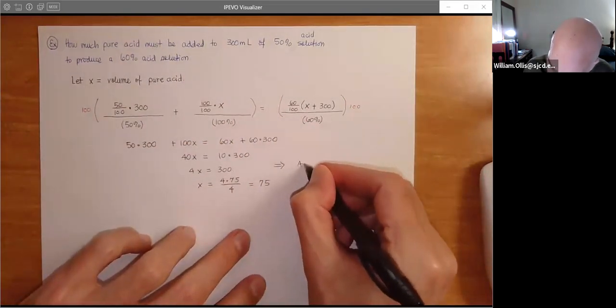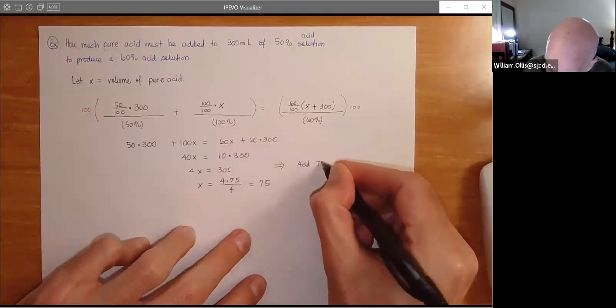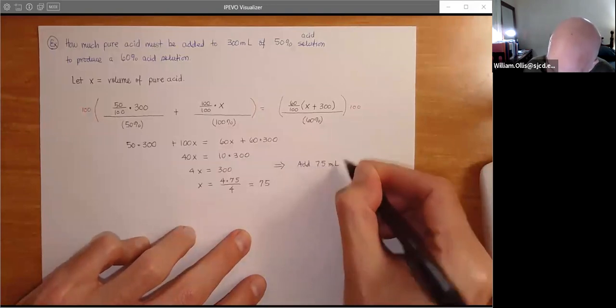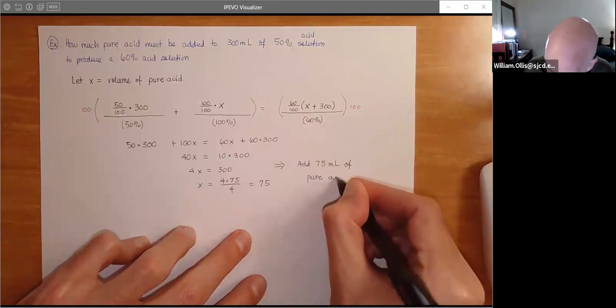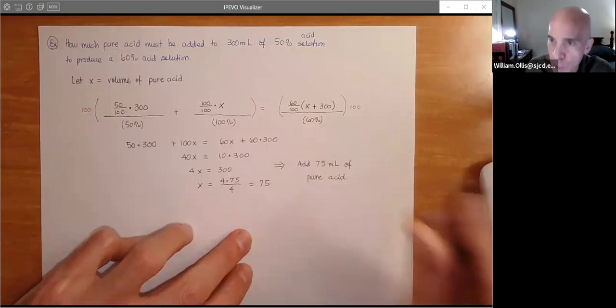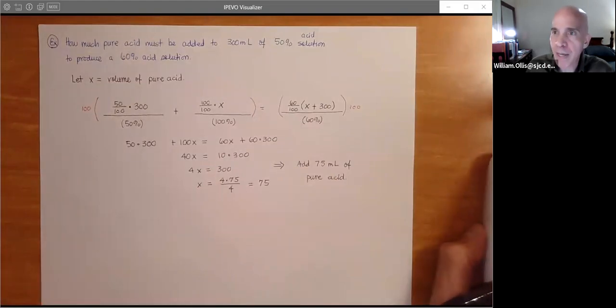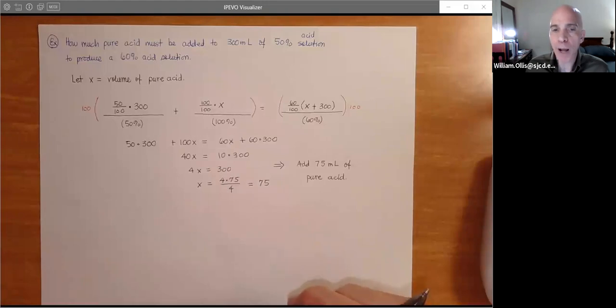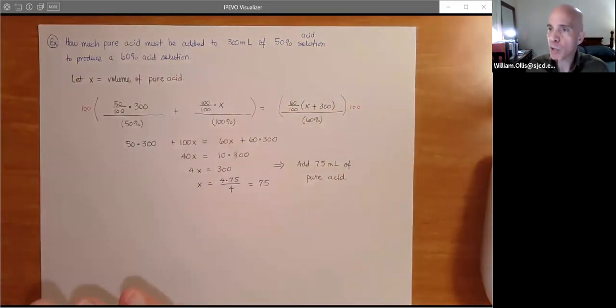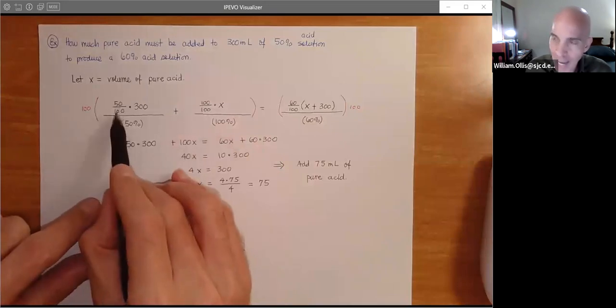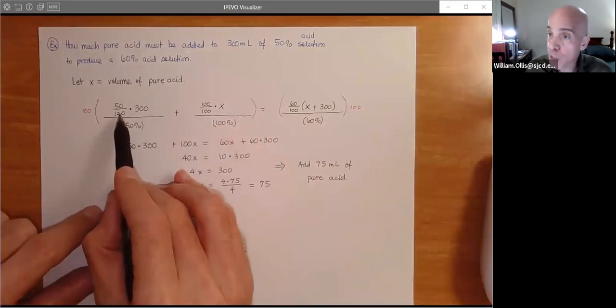So this just says add 75 milliliters of pure acid. Again, this is just a very simple way of thinking. When you look at this kind of problem and think about what we're doing here, it simply showcases the problem with one equation, attacking the concentration.